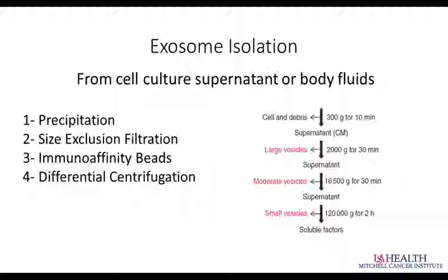You can then wash and have a very pure preparation. You could go directly to isolating the DNA, RNA, or proteins from those exosomes at that step, or you could use more antibodies to label the surface of those exosomes that are now immobilized onto the bead and do flow cytometry. And that's really what they were aiming for before the flow cytometers became sensitive enough to actually resolve the individual particles, which we'll get to in just a second.